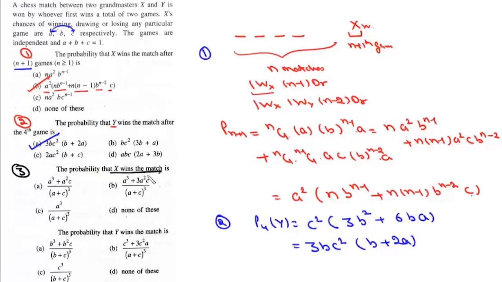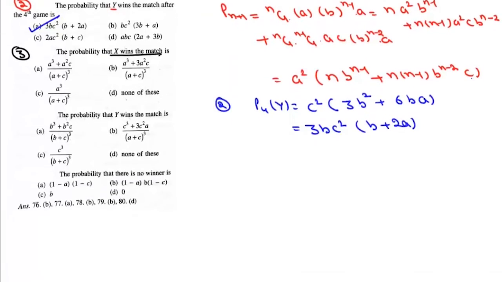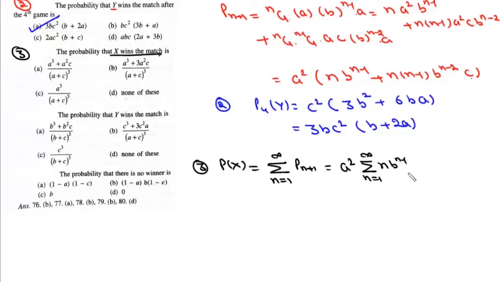X is going to win the match when the value of n varies from 1 to infinity. So the probability that X wins the match will be the sum over n from 1 to infinity of P n plus 1, which is A square times the summation n from 1 to infinity of n B to the power of n minus 1, plus A square C times the summation n from 1 to infinity of n minus 1 B to the power of n minus 2. Now we have to calculate the sum of these two series.